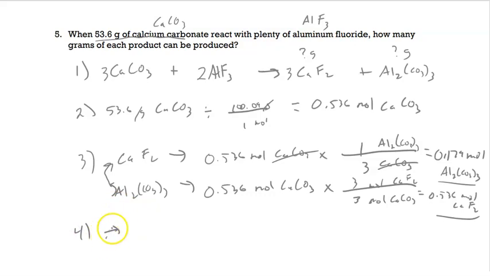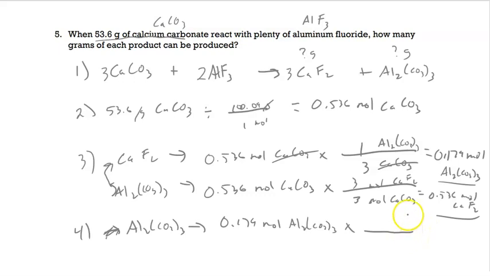So we have Al2(CO3)3. We want to convert that to grams, so 0.179 moles Al2(CO3)3 times the molar mass of aluminum carbonate, which is going to be a big, bold number, 233.9 grams per 1 mole.